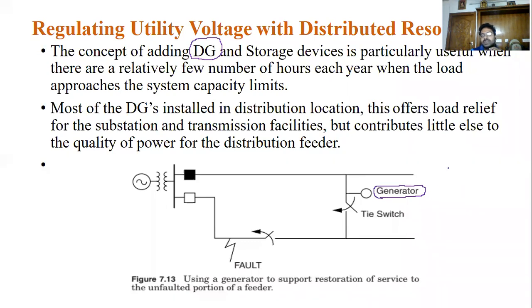So we are assuming here that wind and solar also come under the distributed generators. But when you regulate the voltages, solar cells as well as wind energy are not suitable for adding in these cases. Nowadays technology is helpful for regulating the voltages by using wind and solar also.